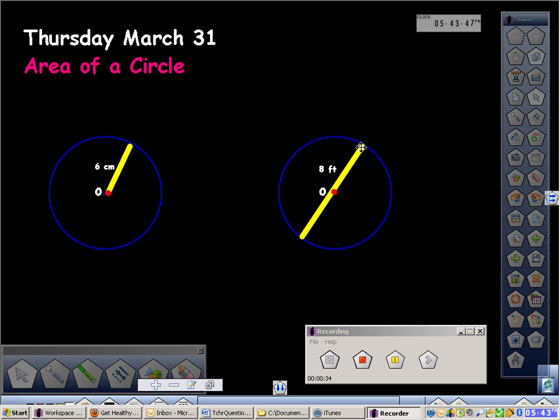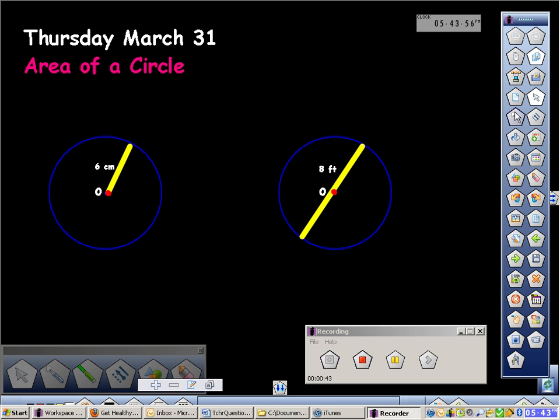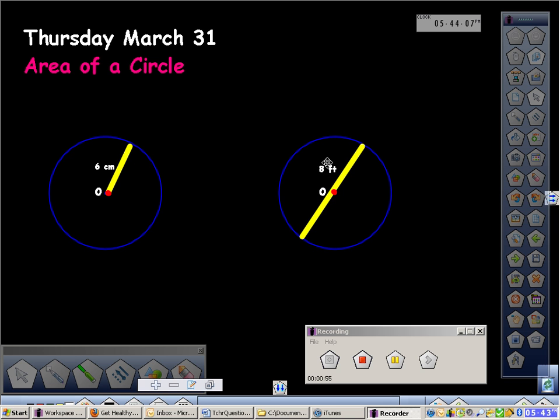The distance around a circle, or the perimeter, is called the circumference. Circumference equals pi times diameter. Pi is always going to be 3.14, so we're going to take 3.14 times the diameter. If we're finding the circumference here, we would go 3.14 times 8, and that would give us the circumference. That's just a little review of circumference.